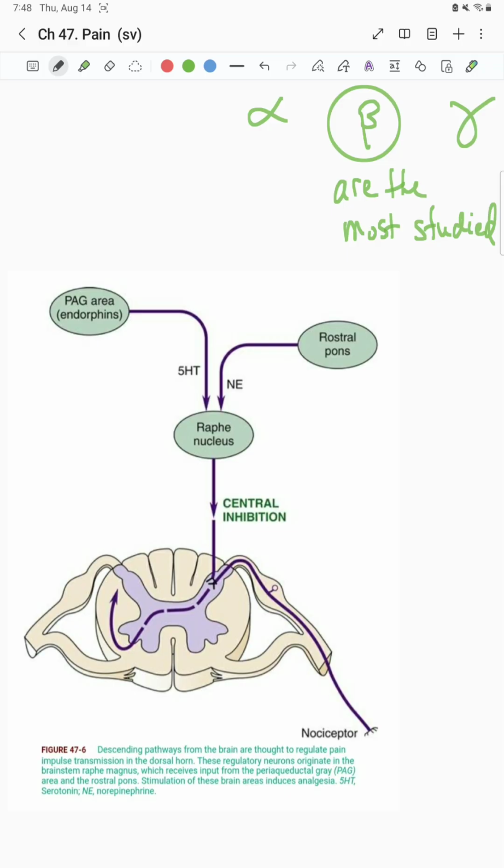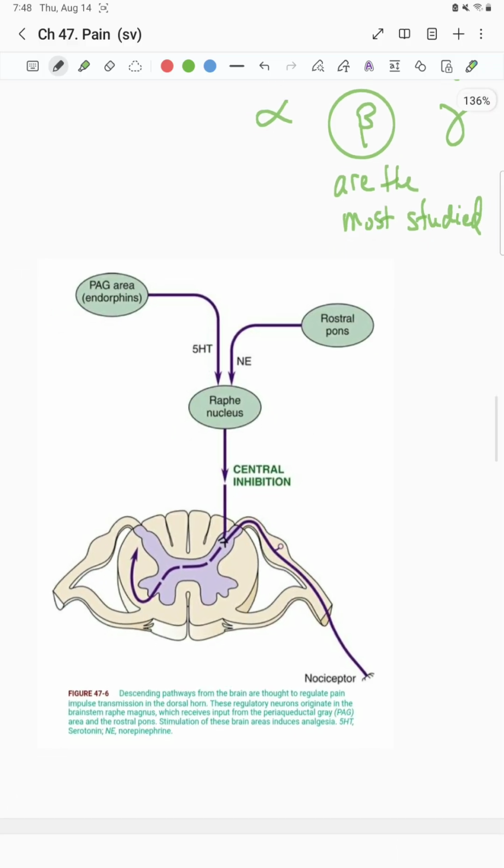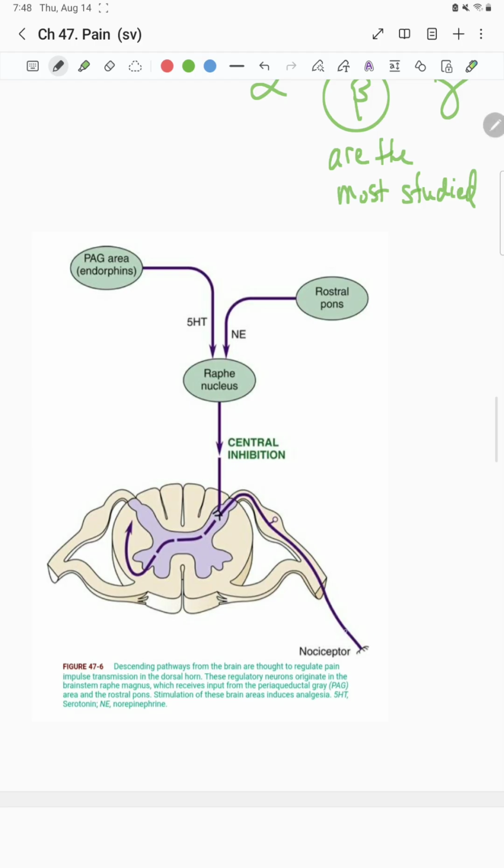Okay, these come from, with pain modulation. Okay, here's our pain fiber, the nociception. So something happened where you're hurt.